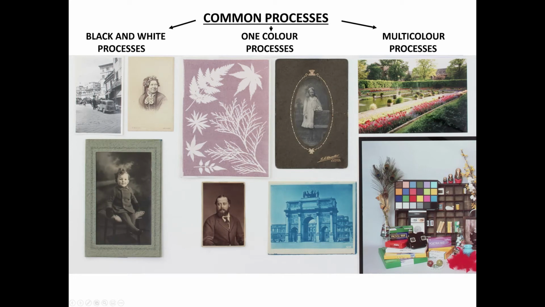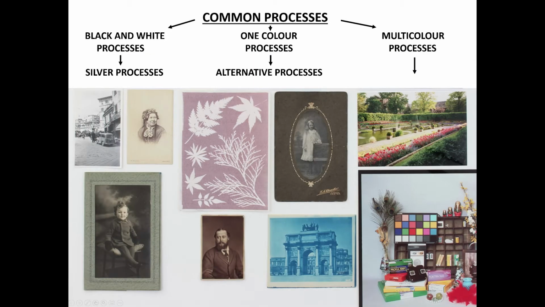So let's look at the image forming component first. Here you have a mixture of examples from the 19th century to the late 20th century, divided simply into black and white processes, one colour processes and multicolour processes. As I said before, black and white is a term that is used to describe silver processes in photography, and you may be able to create nominally black and white images in the other categories.